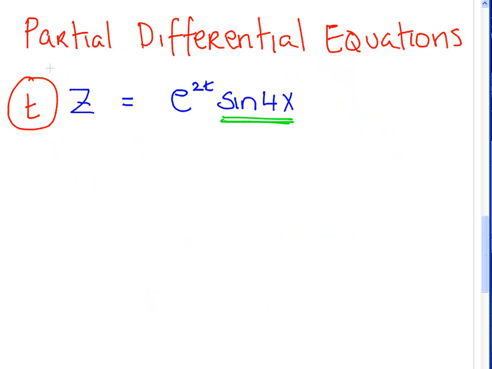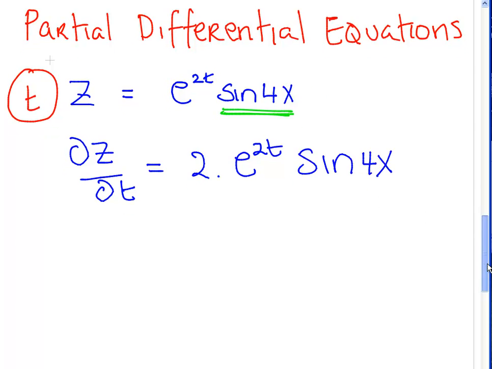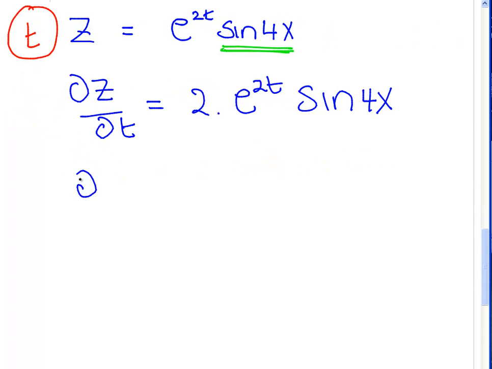Okay. So the partial derivative of z with respect to t is 2 times e to the 2t and sine of 4x. Get the derivative of that again. So just to be clear, this is a constant.